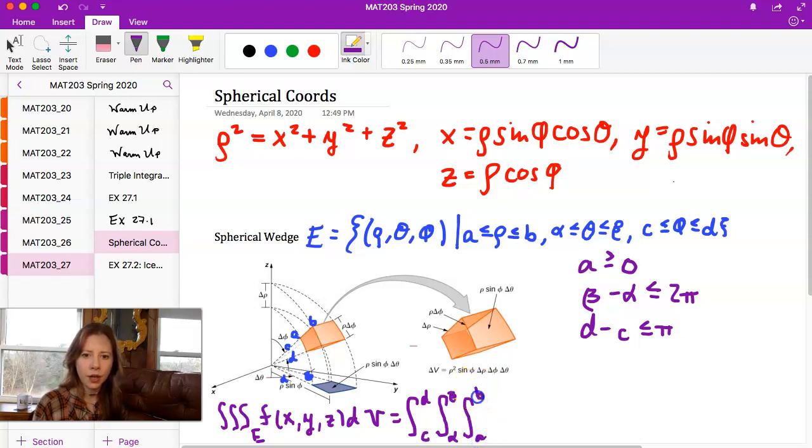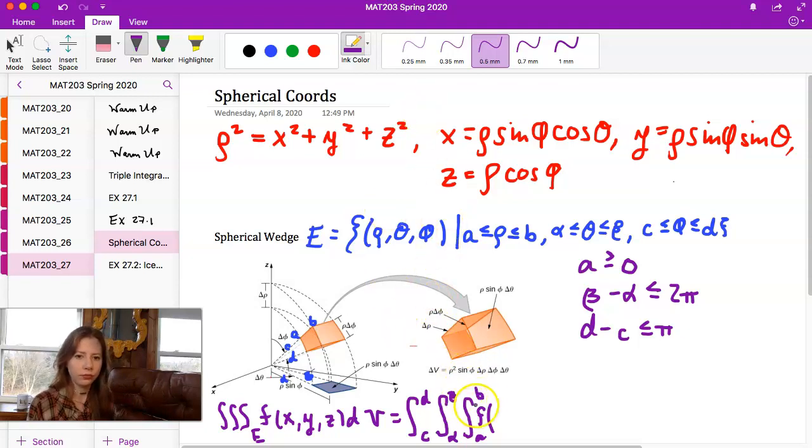Then our function, I know this seems really cumbersome and really complicated right now, but trust me, when you're trying to evaluate the volume of something spherical and you have to convert it to Cartesian coordinates, that's when it's messy. When you're putting it directly into spherical coordinates, it actually works out much nicer, much more simply.